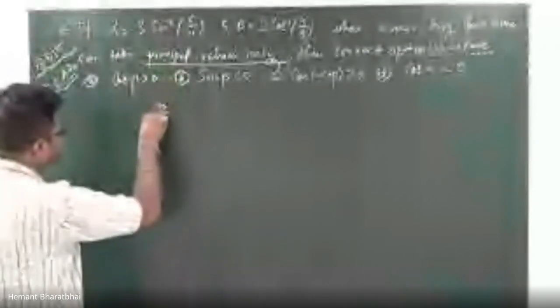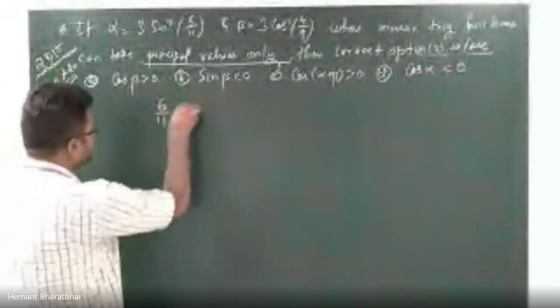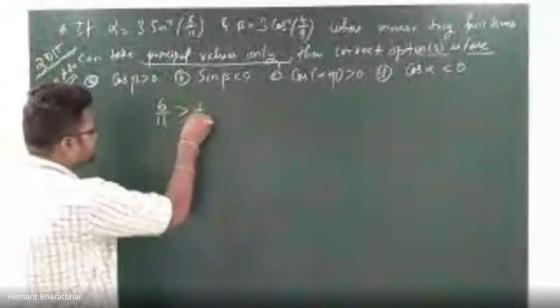So let's take this 6 upon 11. 6 upon 11 is greater than 1 by 2. 6 divided by 11 is greater than 0.5, so it is obviously greater than 1 upon 2. Now I'll write sine inverse on both sides.